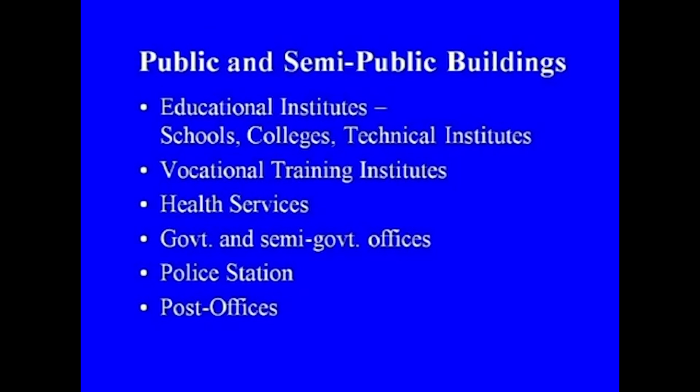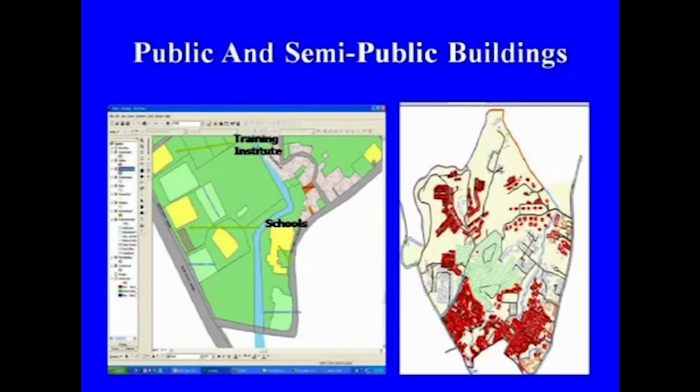Then public and semi public buildings. These include educational institutes such as schools, colleges, technical institutes, vocational training institutes, health services, government and semi government offices, police station, post office, etc. This particular slide shows the locations of different types of public and semi public buildings.